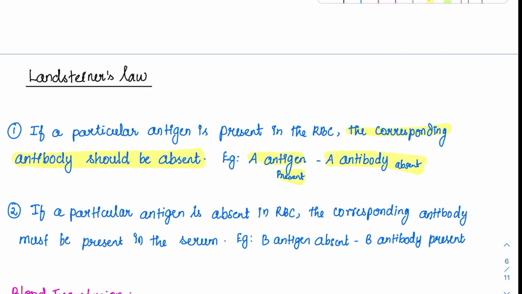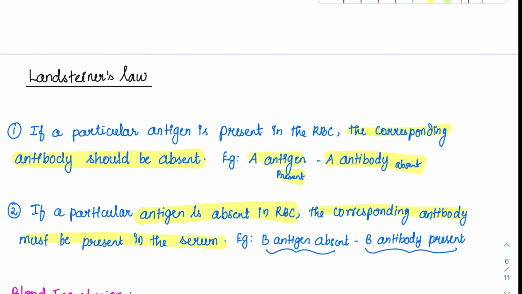Then the second rule is: if a particular antigen is absent in the RBC, for example, in a B group person, A antigen will be absent, then the corresponding antibody must be present in the serum. For example, if B antigen is absent in a person, then the B antibody will be present.